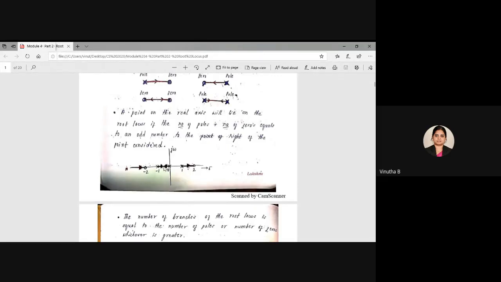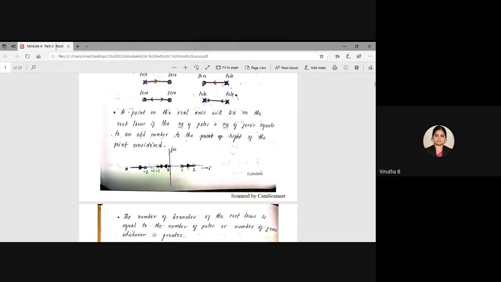Suppose I place a test point in between -1 and 0. Listen carefully. If I see towards the right side of the point, there is only one pole. If there is only one pole, that means that point is lying on the root locus.